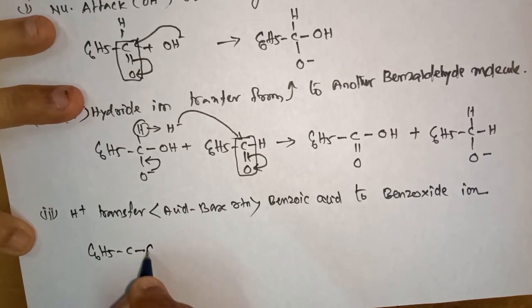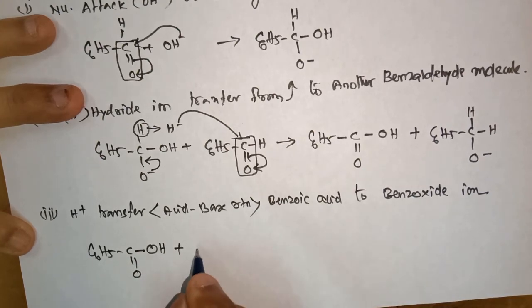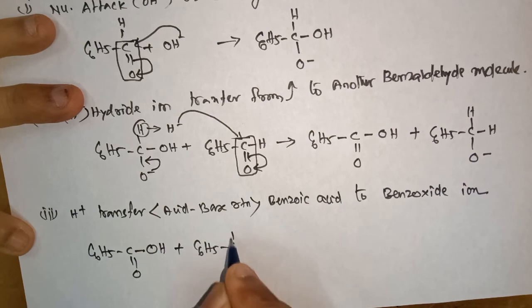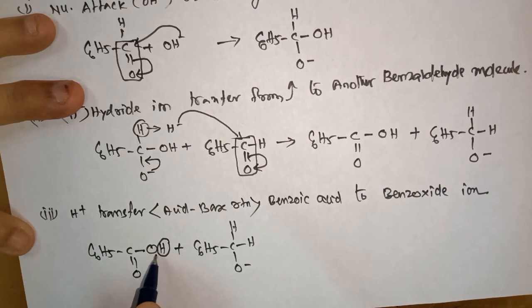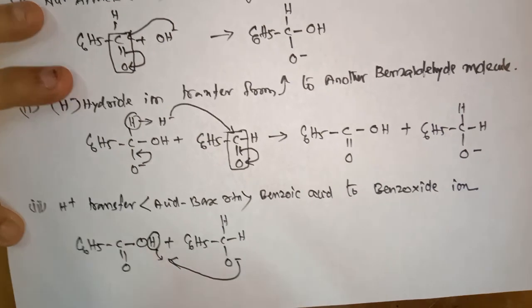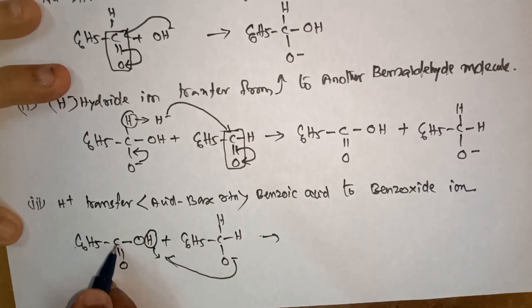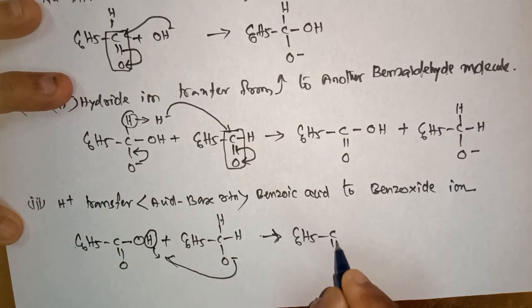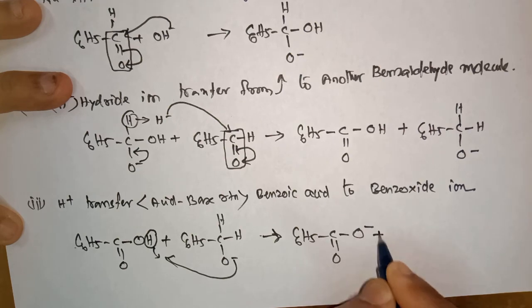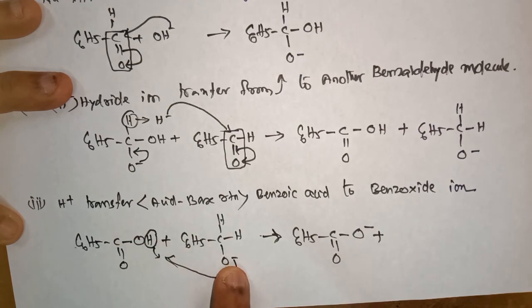I take C6H5C, single bond OH, double bond O, plus C6H5CH2O minus. Here, H plus ion transfer: it can leave this as H plus. Now it becomes C6H5COO minus plus, as this oxygen takes the H plus, C6H5CH2OH.